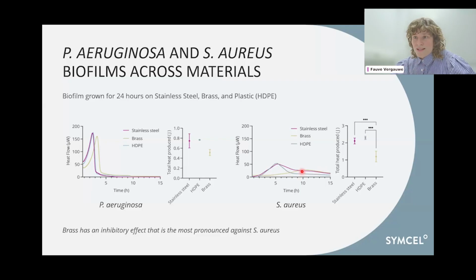Well, the brass contains copper, and that is something that we know has some effect on these bugs. And you can really see it here in the total heat that's produced, that there's a significant difference between those materials. So this is just some data to really show you what the importance is of the material you study the biofilms on.